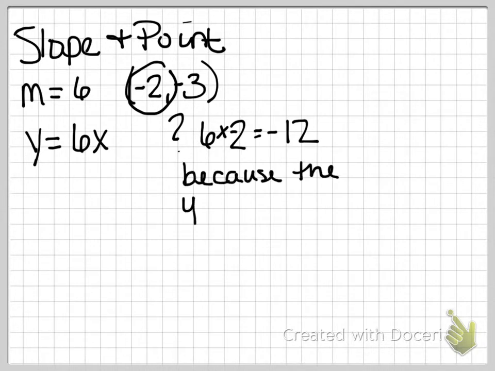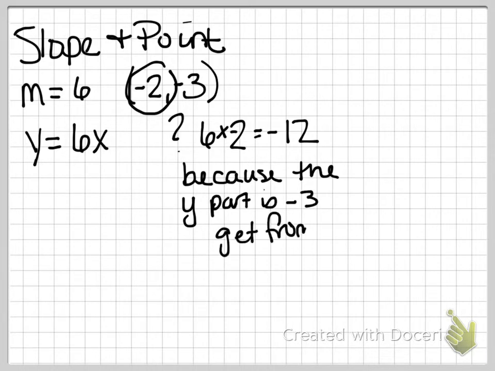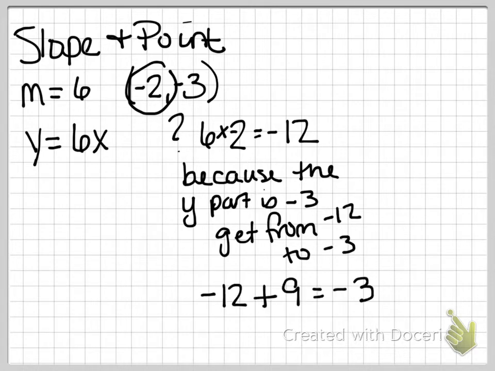So we're going to look at that here. And here's just some notes. Because the y part is negative 3, we have to get from negative 12 to negative 3. And we know that from negative 12 to negative 3 is plus 9. So that adjustment from the output that you had to the output you should have gotten is plus 9, and that is our y-intercept.